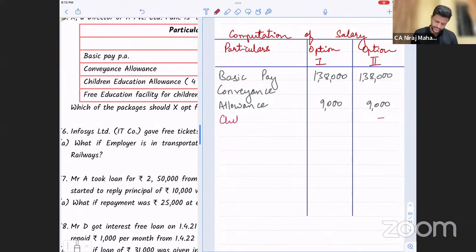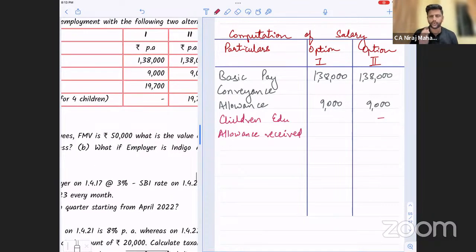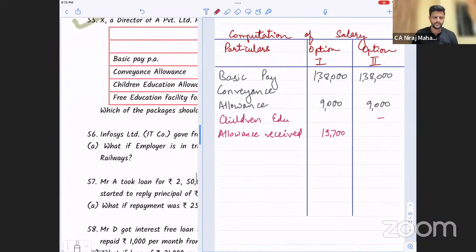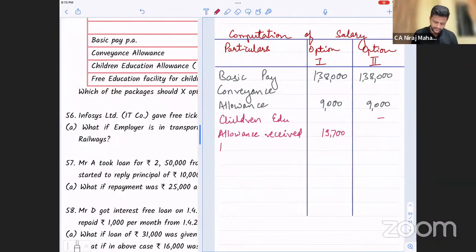So children education allowance received, total 19,700. But how much can be exempt under section 10(14)? 2,400.